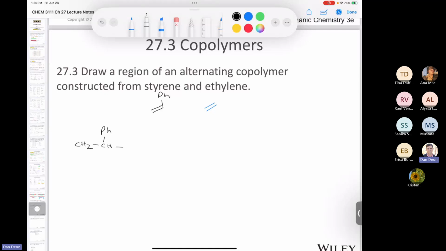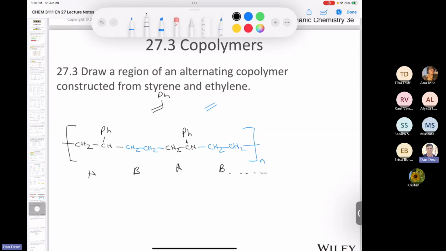So there's styrene, and now we're going to have an ethylene, and now another styrene, and now we'll do one more ethylene like this, and then we'll close off the whole thing. So we'll say n and n like that. There's the repeating, and that's an alternating copolymer. You see it goes A, B, right? That's what we would draw for an alternating copolymer.